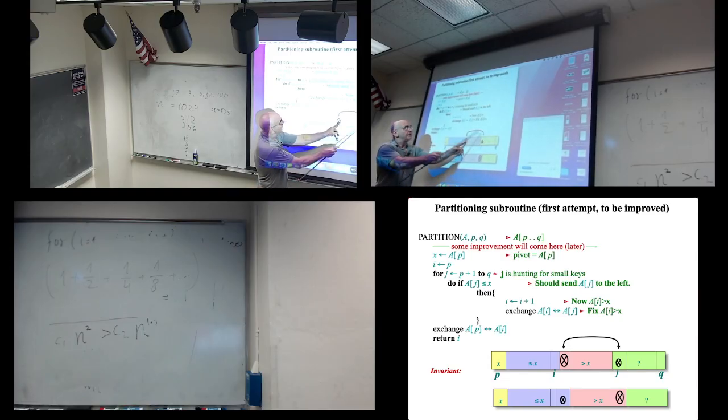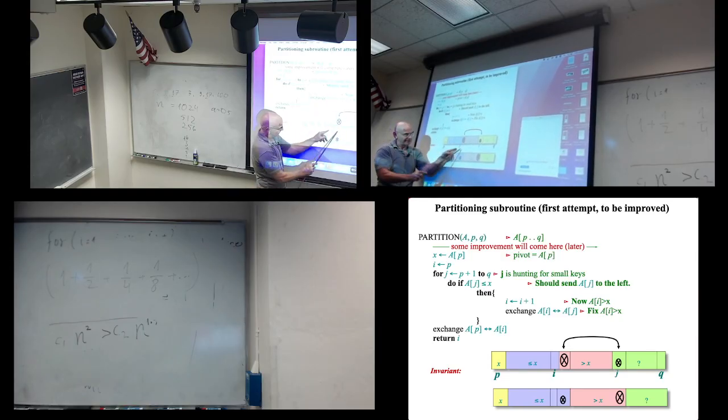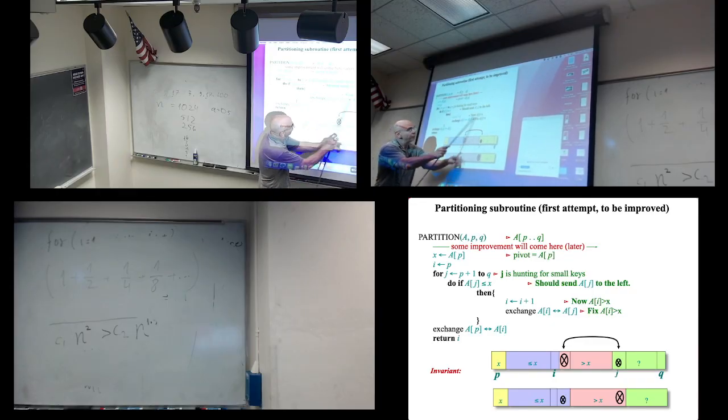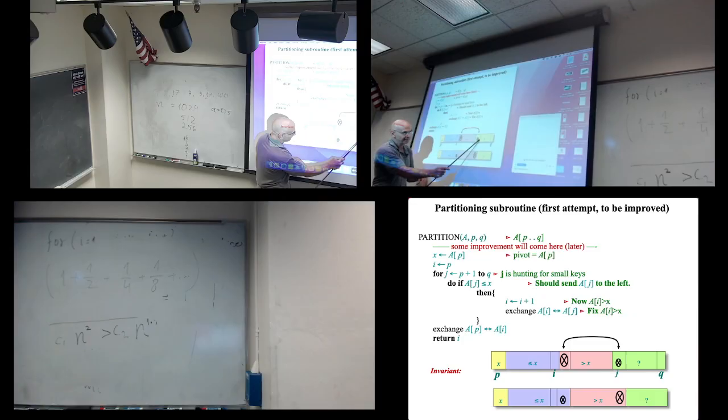So what do I do with this element? First I set I to be I plus 1, because I just found one new element which is smaller or equal than x. I don't know ahead of time how many elements are smaller than or equal to x, so each time I run into one of these elements, I make a note, I increment I, and now I swap A[I] and A[j].